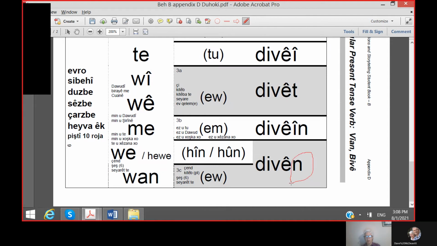Okay, so if your object is plural, your verb ending is going to be plural. If your object is singular, your verb ending is going to be singular.